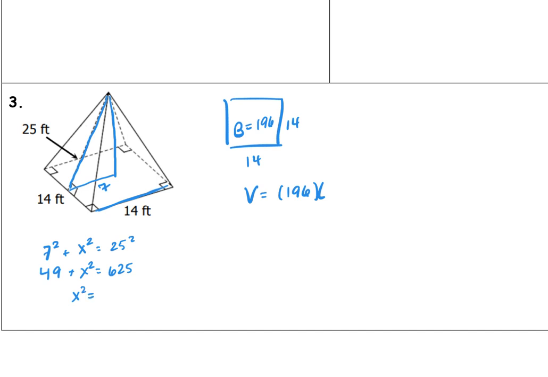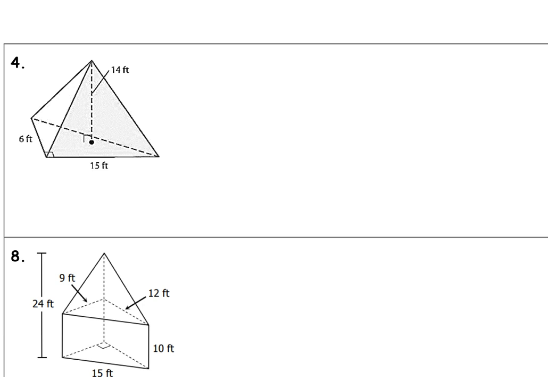You're going to get x squared equals 576. And then you're going to square root both of those. So you end up with a height of 24. So our actual height is 24. That means we put 24 into our formula and then divide by 3. So 196 times 24 divided by 3 gives you a total of 1,568 feet cubed.